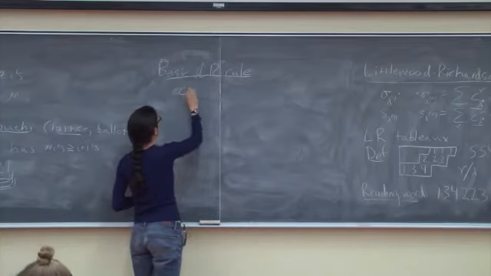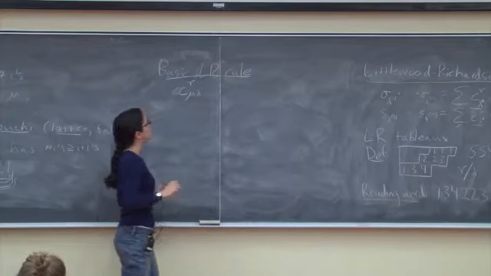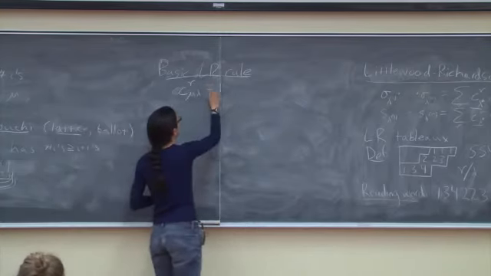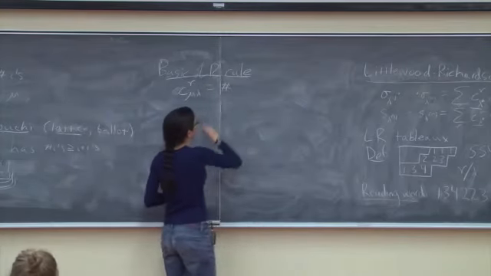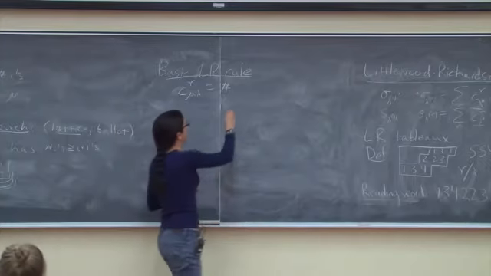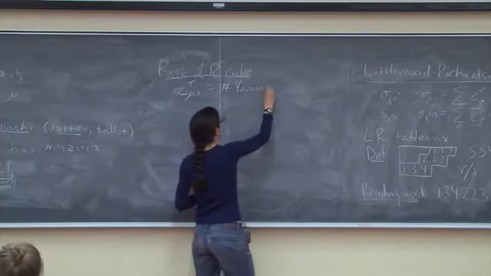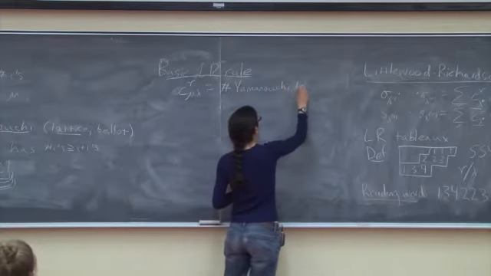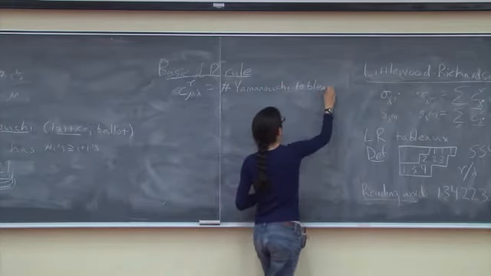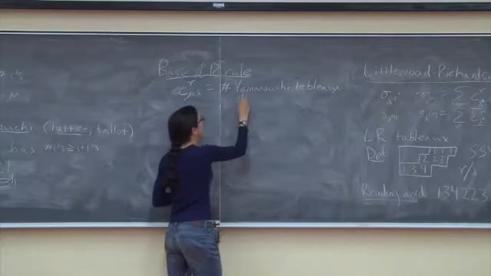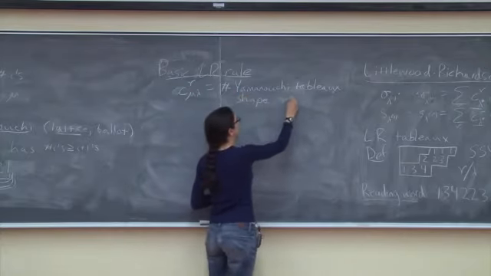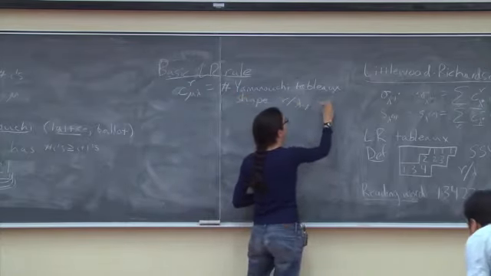We're going to have c^nu_{lambda mu}, with two partitions, lambda and mu, which is the number of semi-standard Yamanouchi tableaux of shape nu over lambda and content mu.